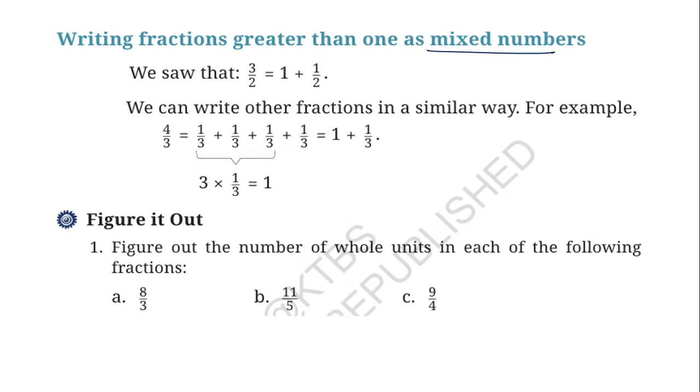Next, figure out the number of whole units in each of the following fractions. A, 8 by 3. That means 1 by 3 plus 1 by 3 plus 1 by 3 plus 1 by 3 plus 1 by 3 plus 1 by 3 plus 1 by 3 plus 1 by 3.